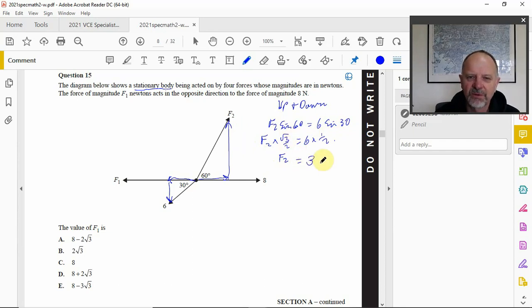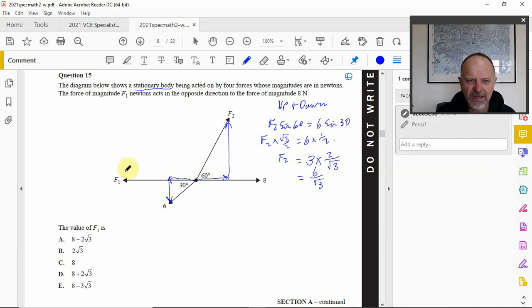Divide both sides by root 3 on 2. Dividing by a fraction, turn upside down and multiply, and so you get 6 on root 3. I'll just leave it at that for the time being. We'll change that if we need to later.